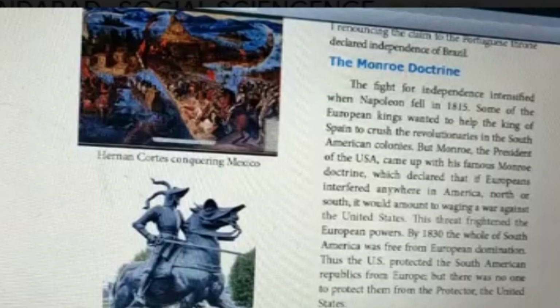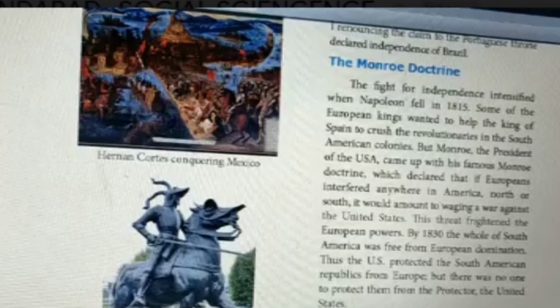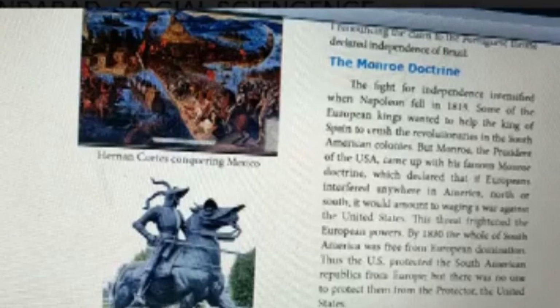By 1830, the whole of South America was free from European domination, invasion or colonization, and this is how the US protected the South Americans, especially from Europe.